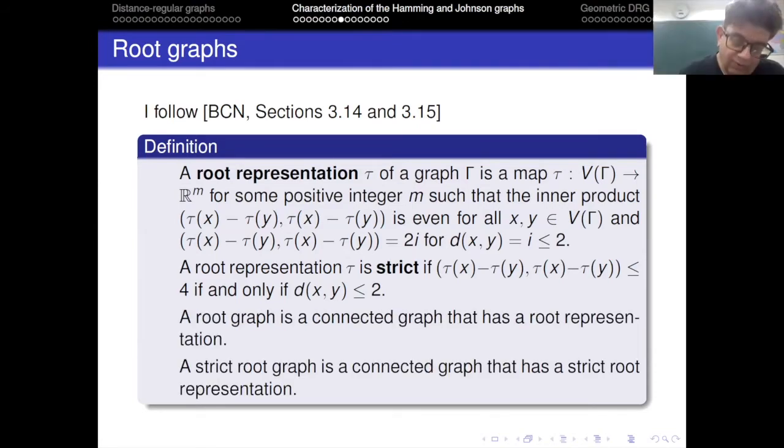And what is a root graph? It is a connected graph that has a root representation, and a strict root graph is a connected graph that has a strict root representation.